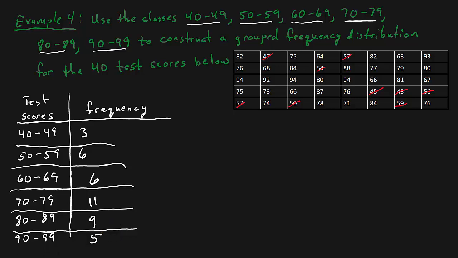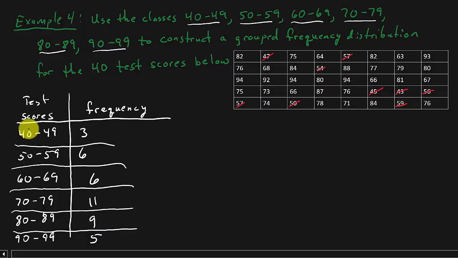This 40 over here, that is called the lower class limit, and the 49 is called the upper class limit.